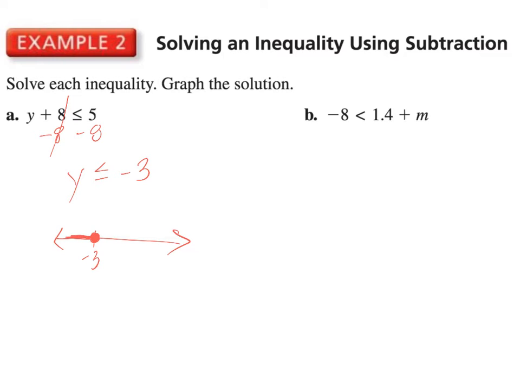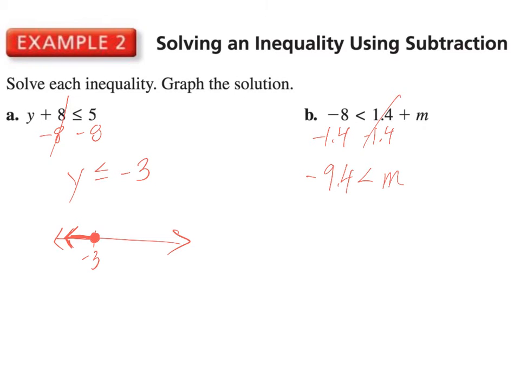For the next one, I need to get m by itself. This is positive 1.4, so I need to subtract 1.4. Cancels out. So I get negative 8 minus 1.4. That gives me negative 9.4 is less than m.